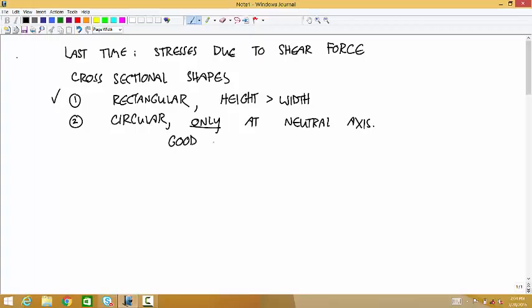So the good news is that that's where the maximum stress due to shear force occurs.